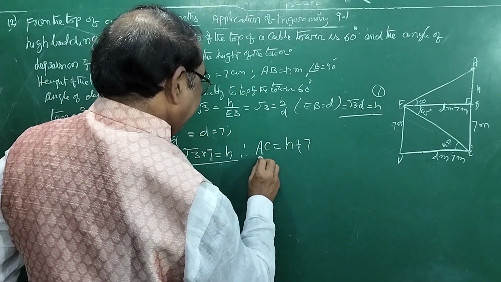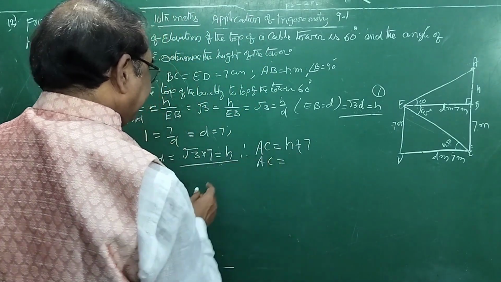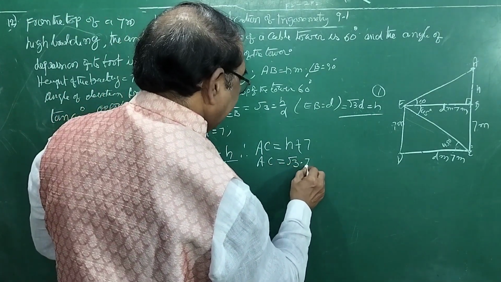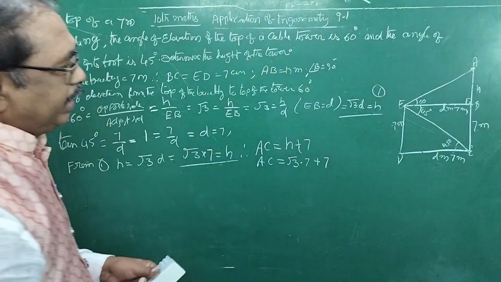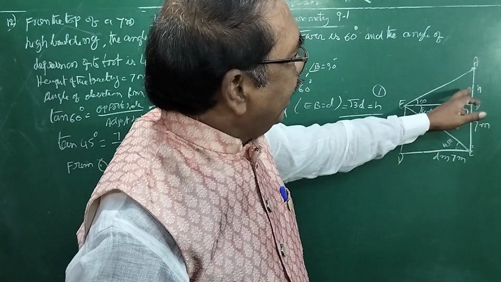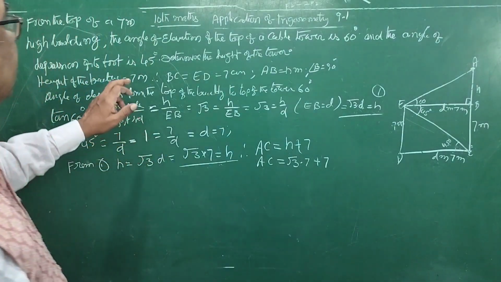That means AC is equal to root 3 into 7 plus 7. Now we are finding out the entire building, and what did he ask?